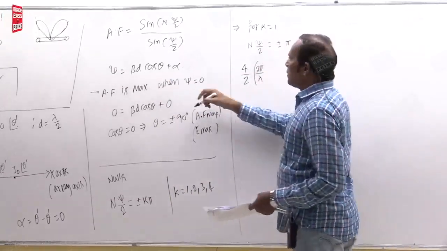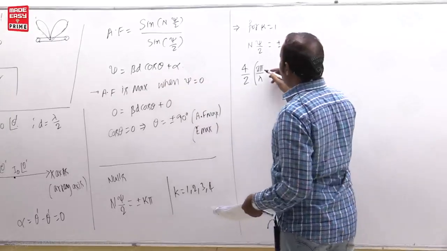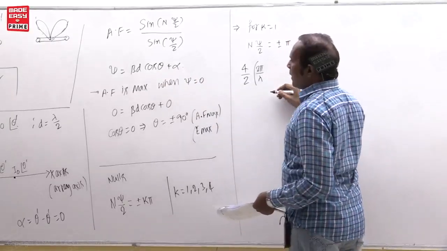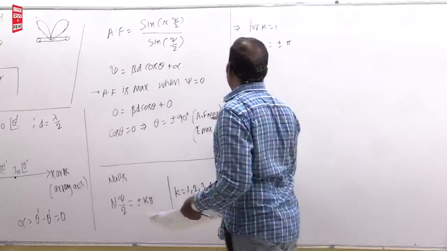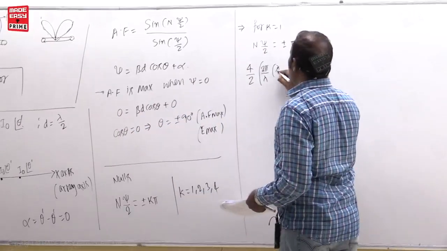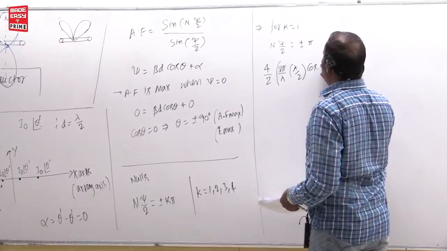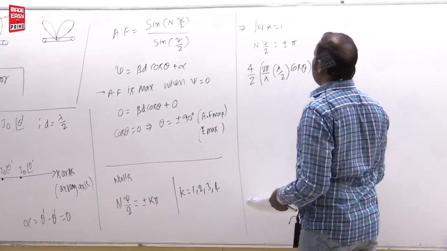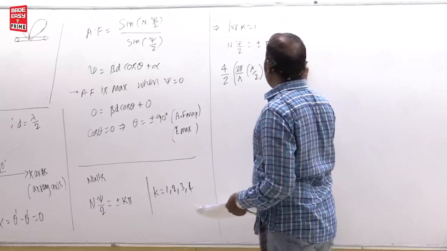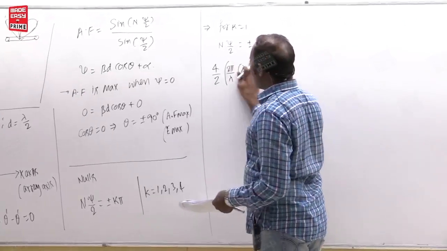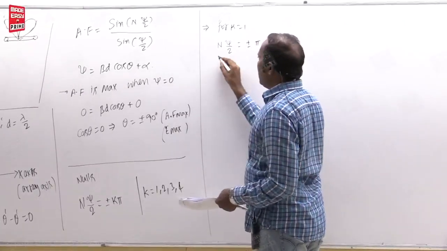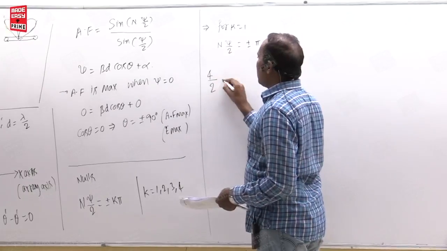So psi is equal to beta d cos theta plus alpha. Beta is 2 pi by lambda and d is given as lambda by 2. Alpha is given as 0. If you have confusion, don't strike it out of the notebook, I will write one more step. N is 4 by 2.